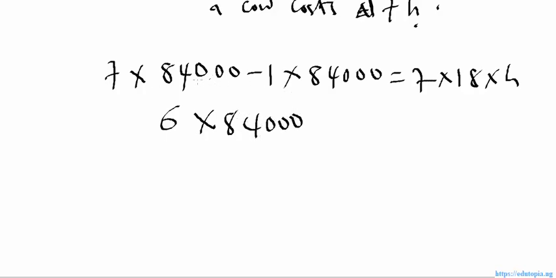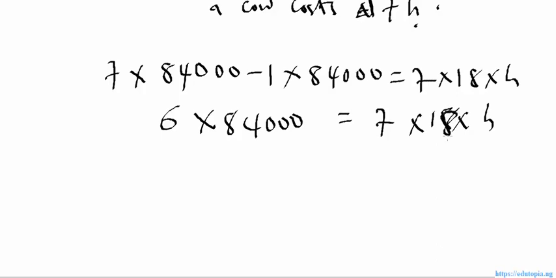Remember, 7 times 84,000 means 7 of 84,000, and this one times this is 1 of it. So when you subtract 1 of it, you have 6 remaining: 6 times 84,000 is equal to 7 times 18 times H.